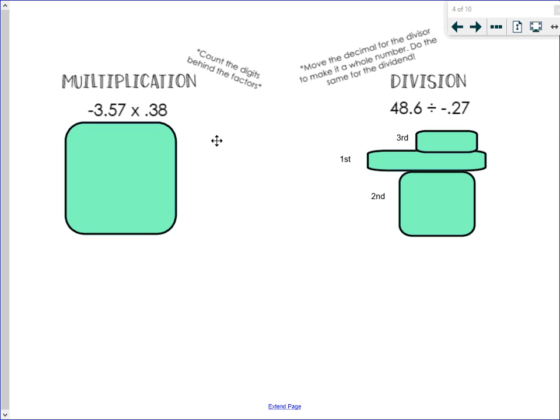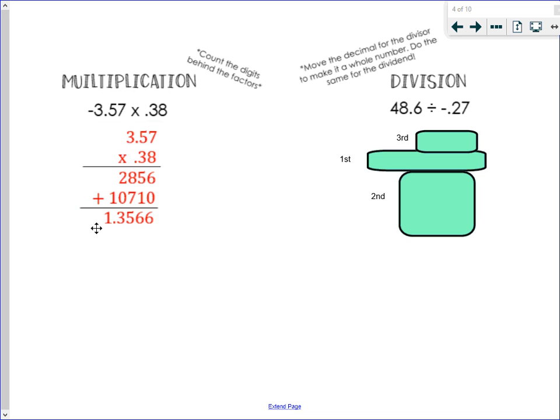All right, so multiplication. Don't forget you're counting the digits behind the decimal points in the factors. So you're going to multiply this just like there was no decimal point at all. And after multiplying it, you would get 13,566. But then you're going to look and see how many total digits there are behind the decimal point for both factors, and add that up, and then our final answer is going to have the same amount starting from the right.